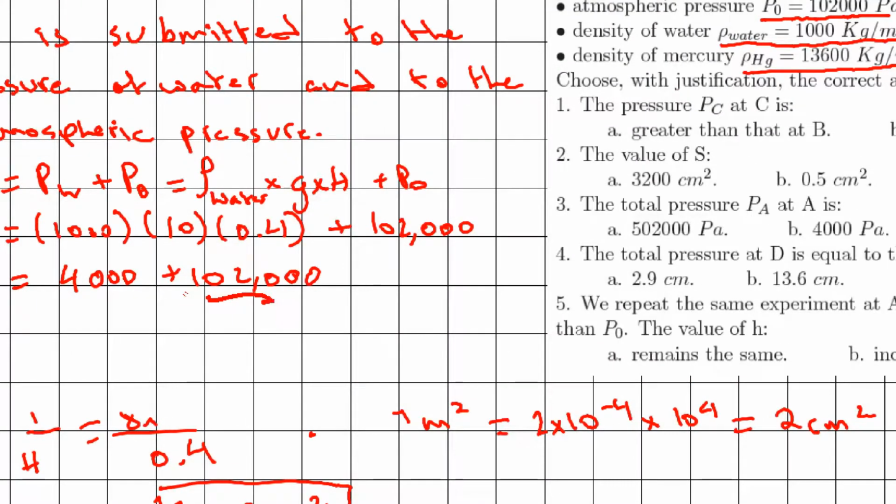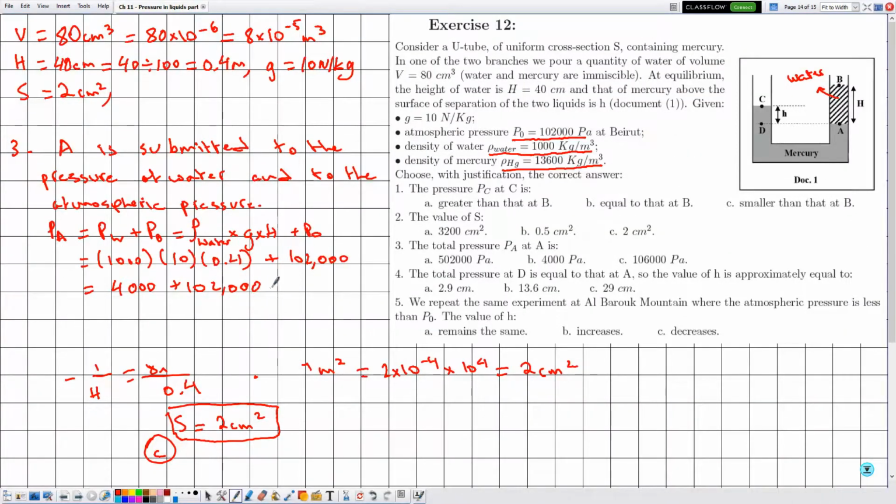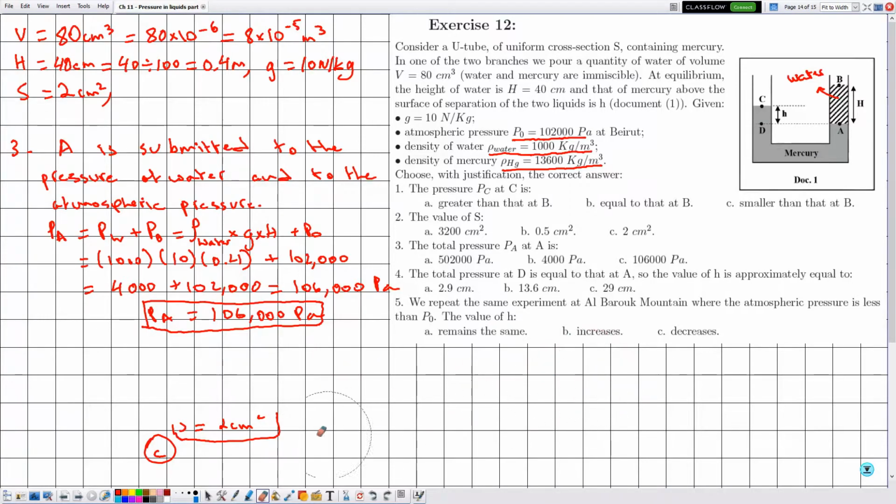Since this is expressed in Pascal, which is the SI, the value of PA will be in the SI, which is Pascal. So it's 106,000 Pascal. So the total pressure at the point A is 106,000 Pascal. And in this case, the correct answer would be C.